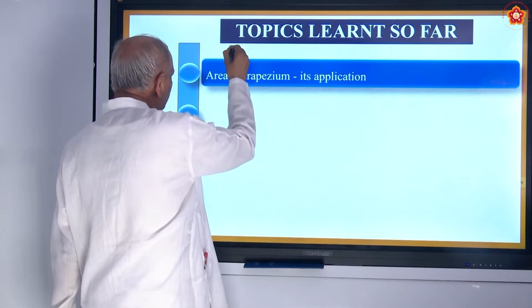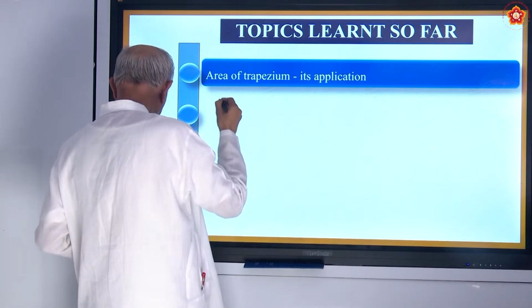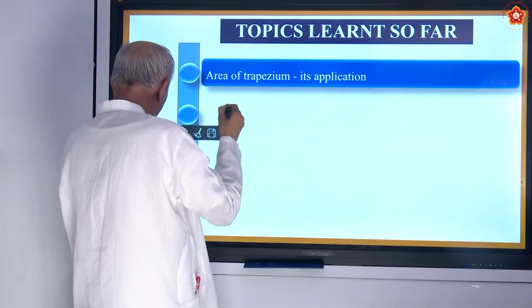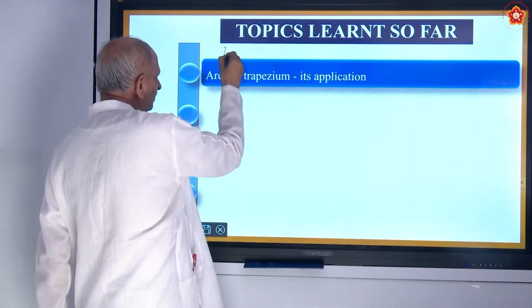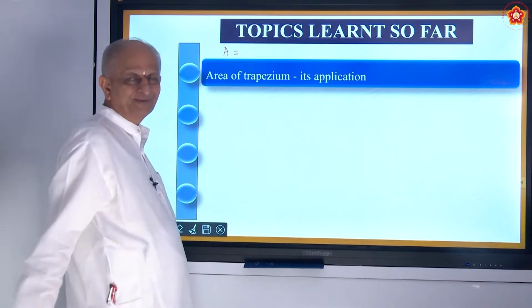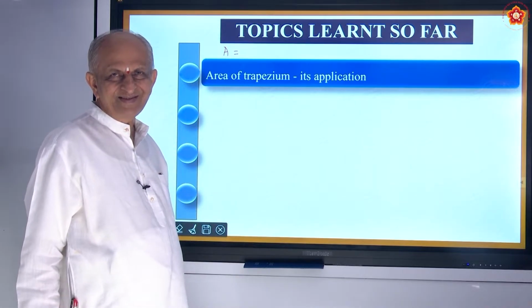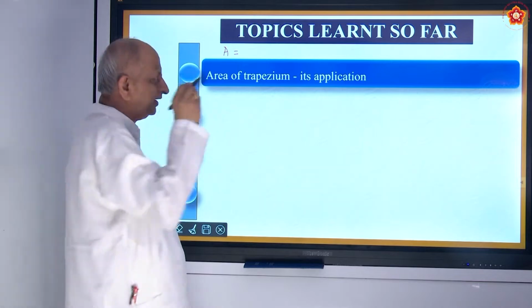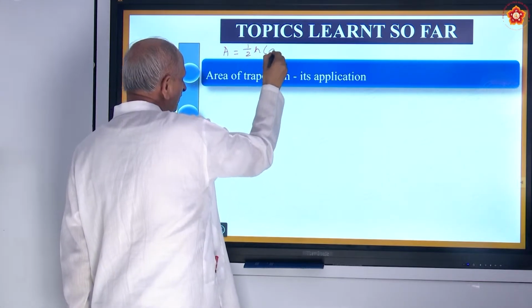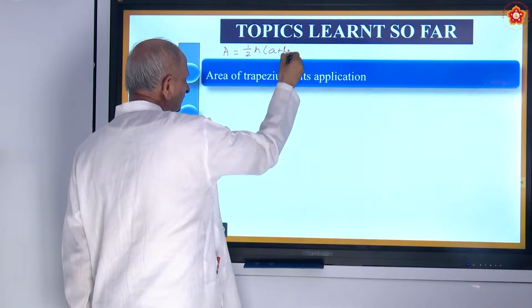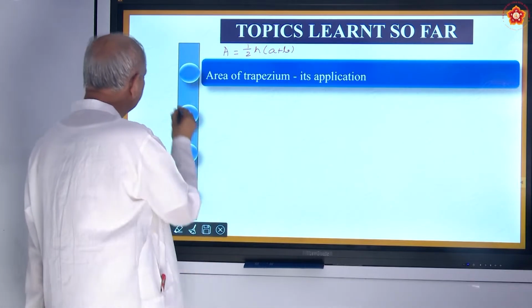Area of trapezium is given by the formula A is equal to, come on, can you remind? You have written down? Okay. It is half of H into A plus B. What is A and B?